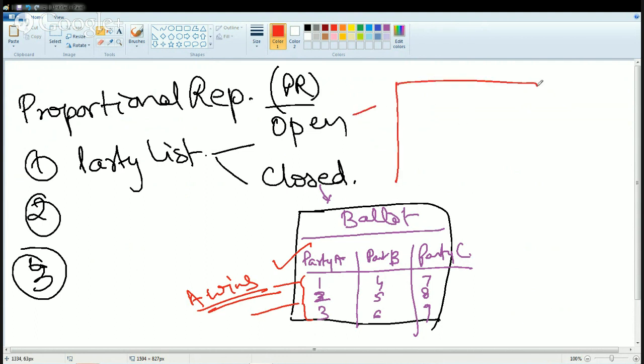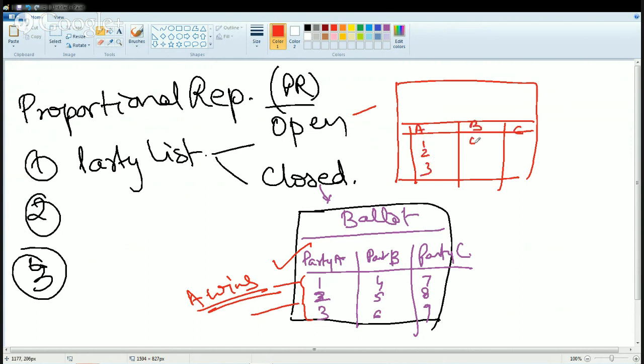Open ballot is similar to this. You have the 3 parties, but there is a bit of variation here. You have parties A, B, and C, and you have the names of the candidates. What you have to do is select the exact candidate. So if I select candidate 3, that means I am selecting party A with candidate 3.